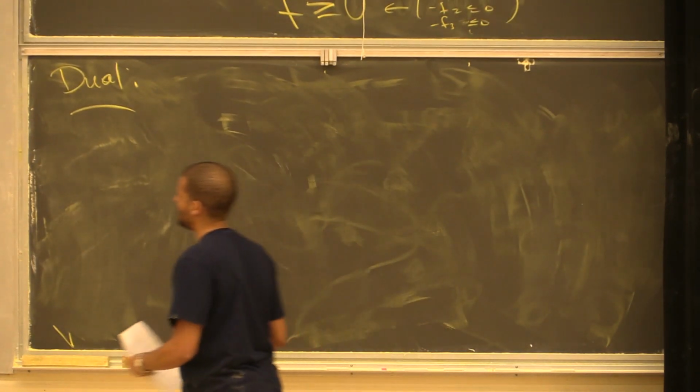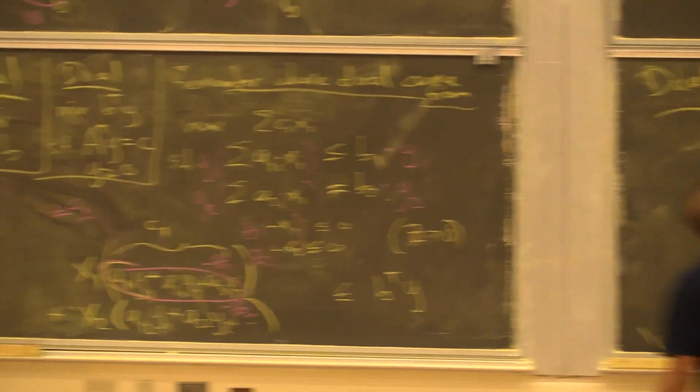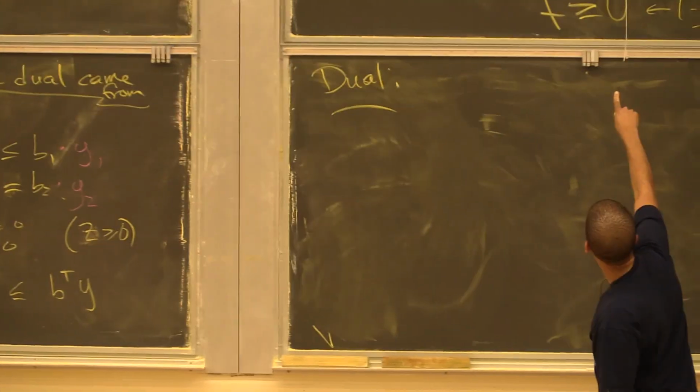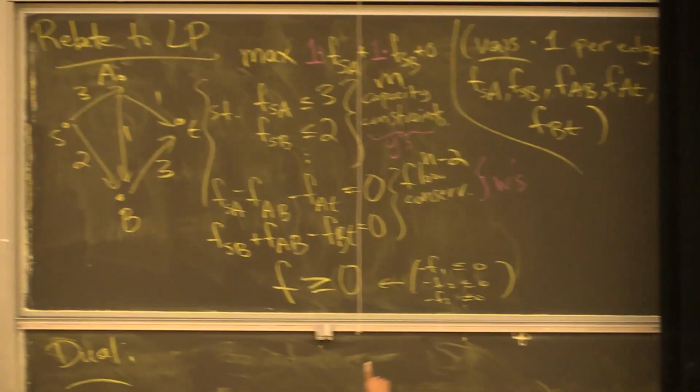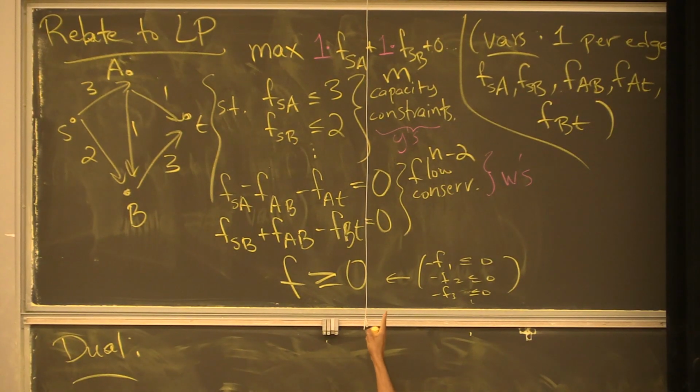So we know that the right-hand side in the primal becomes the cost vector in the dual. So that's the 3, the 2. It's basically those capacities. And then, of course, all the other right-hand sides are 0, so they don't matter in the cost function.